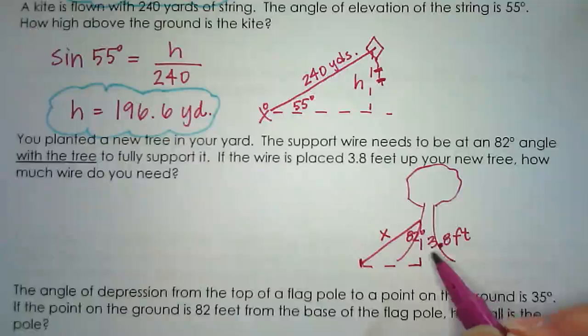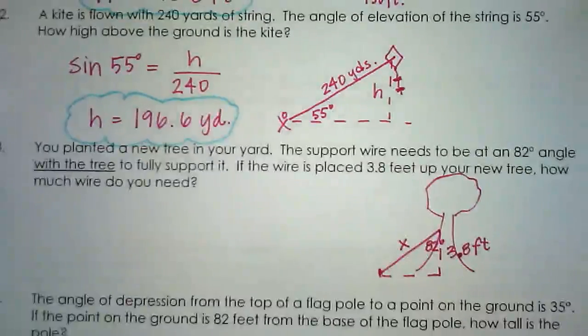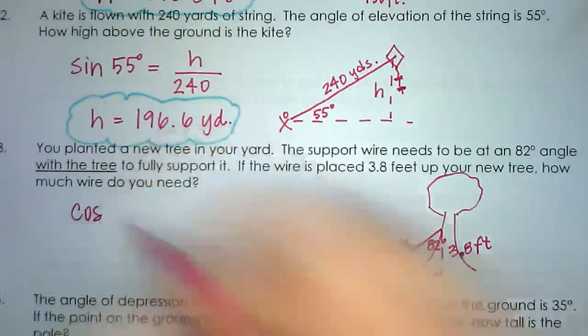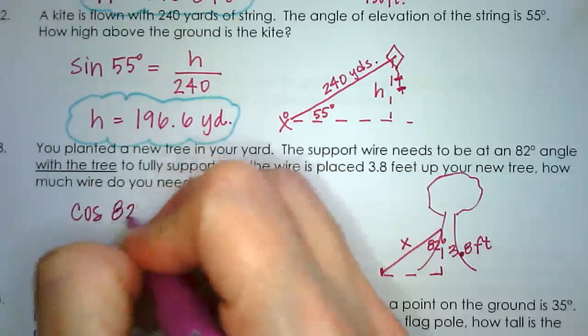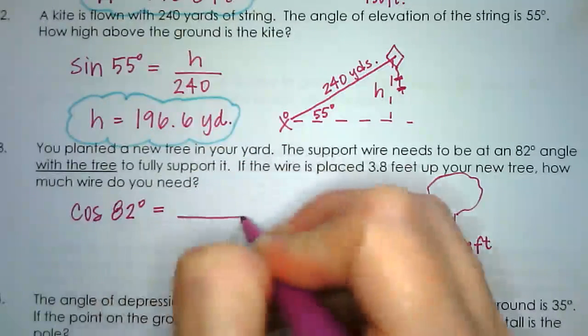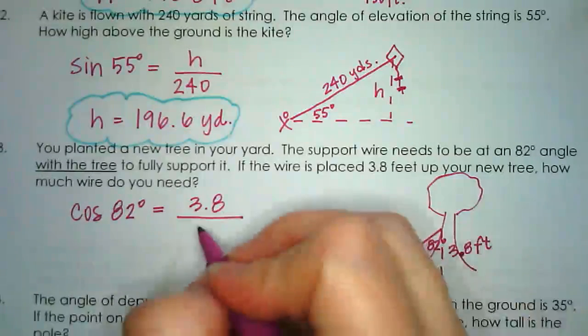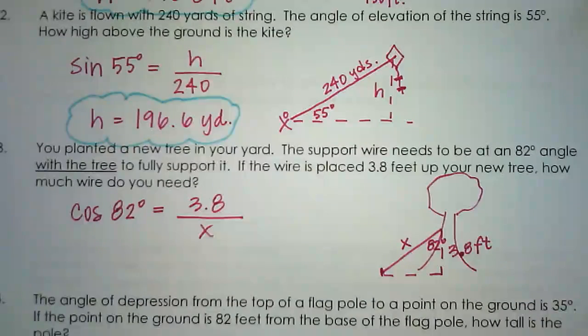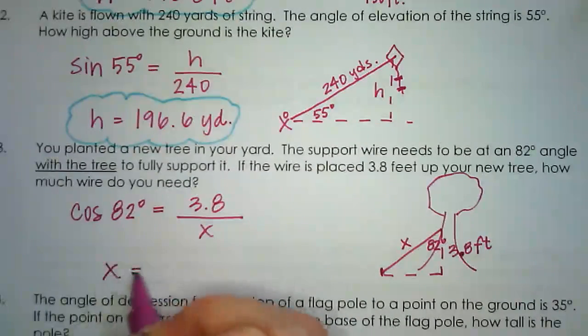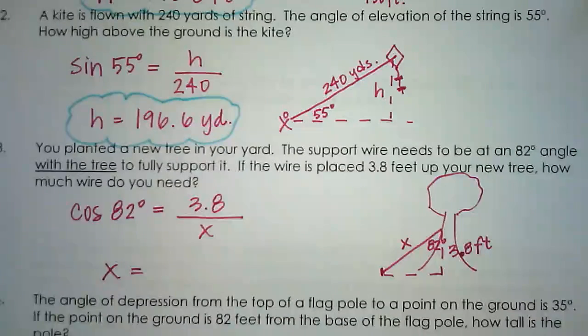All right, so this looks like cosine to me. So cosine of 82 degrees is adjacent, which is 3.8, over hypotenuse, which is x. So to solve this, I need to switch those two.